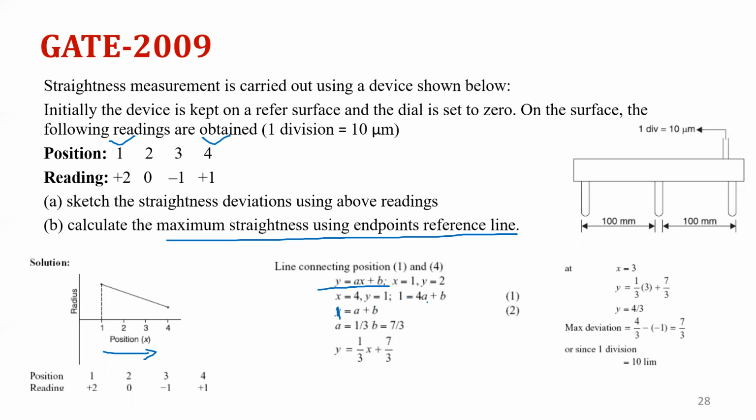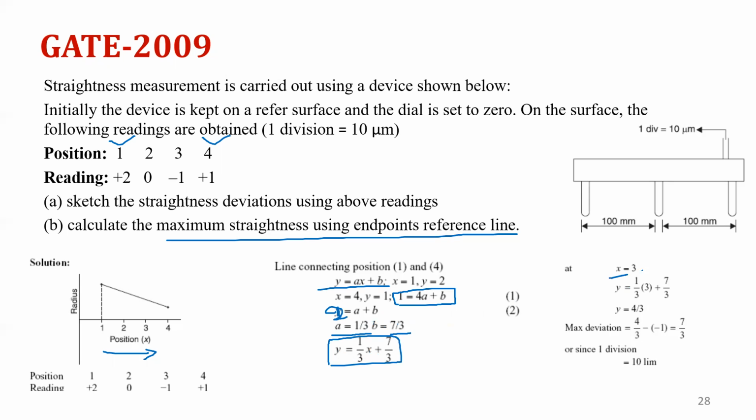So 1 is equal to 4a plus b. This is one equation. And at x is equal to 1, y is equal to 2, so 2 is equal to a plus b. By solving these two equations, you will get a equal to 1 by 3, b equal to 7 by 3. Therefore, the regression equation is y is equal to 1/3 x plus 7 by 3.